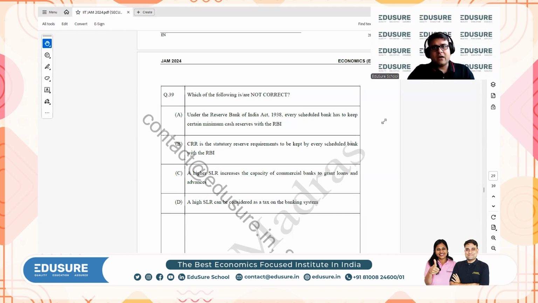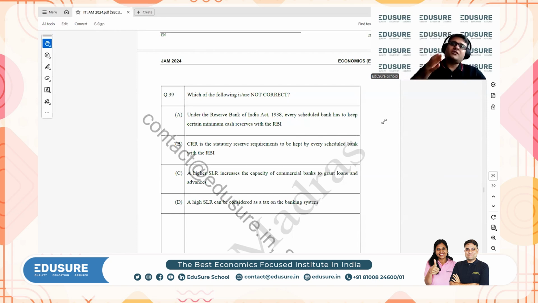Option A: under the Reserve Bank of India Act 1938, every scheduled bank has to keep certain minimum cash reserves with the RBI. Now this statement is correct, but the year of the act is incorrect. It should be 1934 instead of 1938.